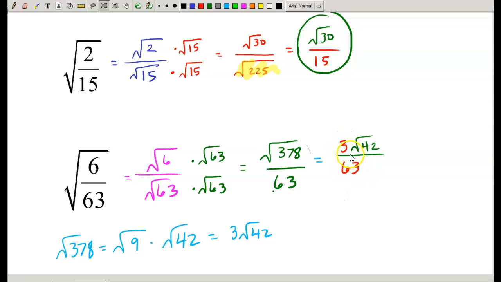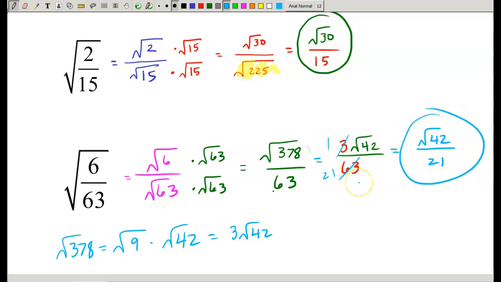And you can. You can divide 3 and 63 by 3. That fraction, that red fraction, will become 1 over 21. So really, to finish this problem, this would become root 42 over 21, because this 3 over 63 would become 1 over 21, and therefore this would be our answer there.